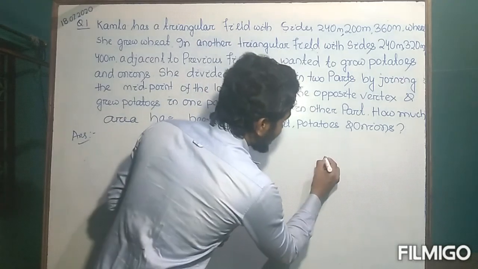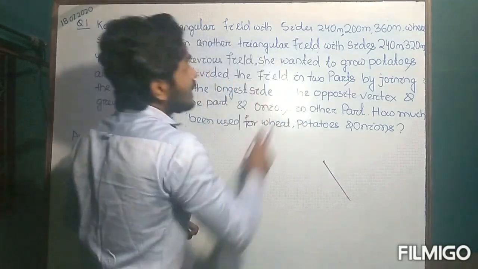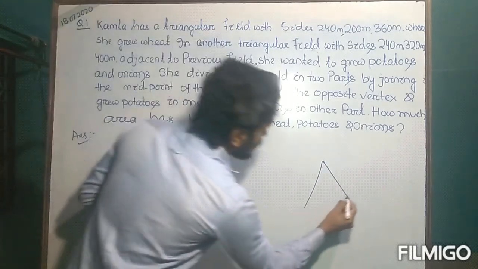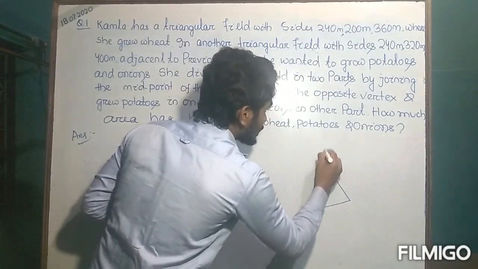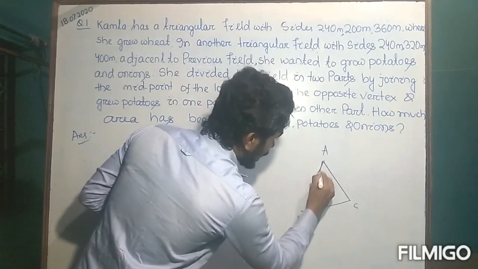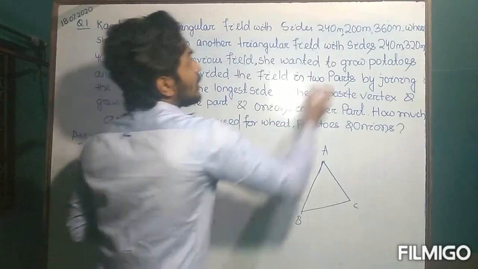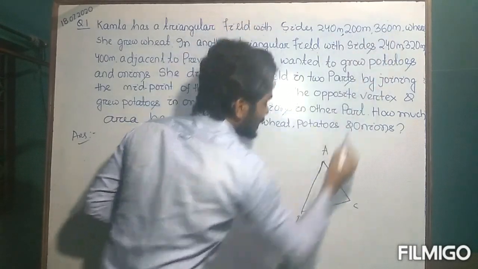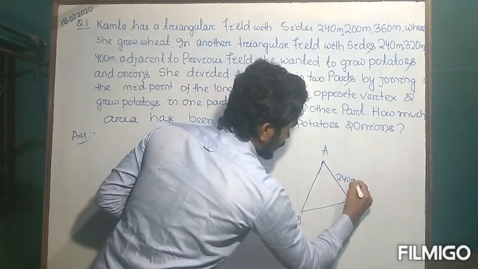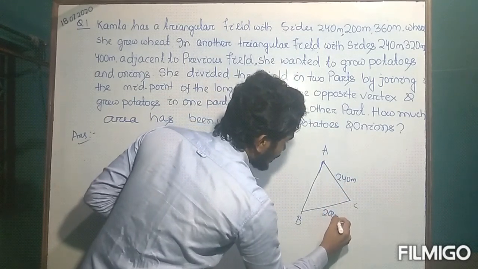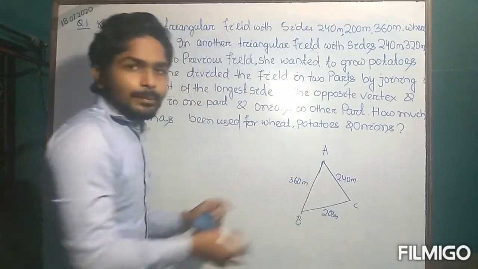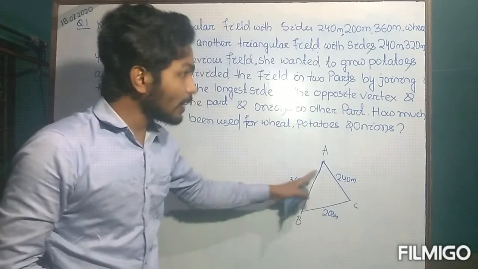Suppose ABC is a triangular field with sides 240, 200 and 360. Suppose this is 240, this is 200 meter and this is 360 meter. Clear?